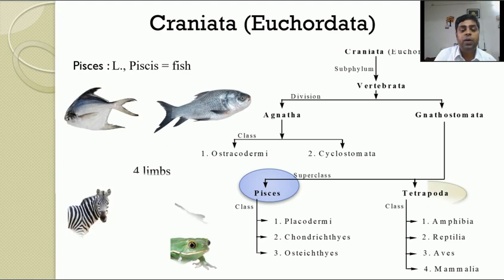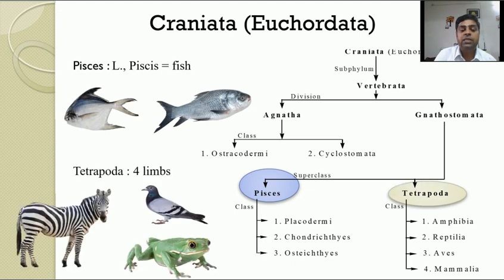While the superclass Tetrapoda is characterized by highly evolved chordate organisms which are provided with four limbs or two pairs of limbs, which is the prime character for these tetrapods. This tetrapod group contains classes such as Amphibia, which contains animals like frog and salamander. The second class is Reptilia, which contains reptiles such as turtles, snakes and crocodiles.